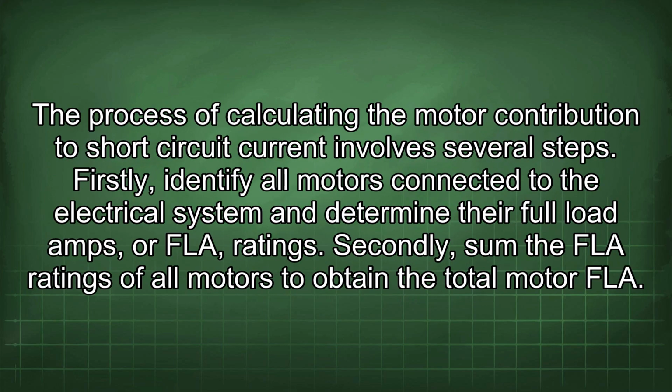The process of calculating the motor contribution to short-circuit current involves several steps. Firstly, identify all motors connected to the electrical system and determine their full load amps, or FLA, ratings. Secondly, sum the FLA ratings of all motors to obtain the total motor FLA.